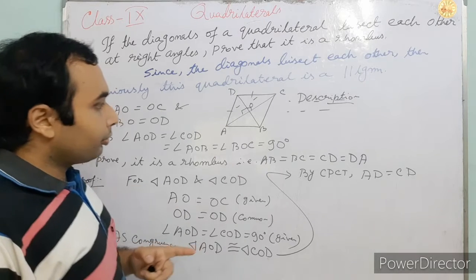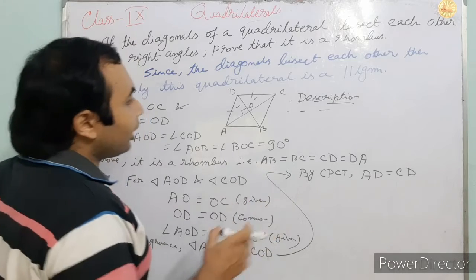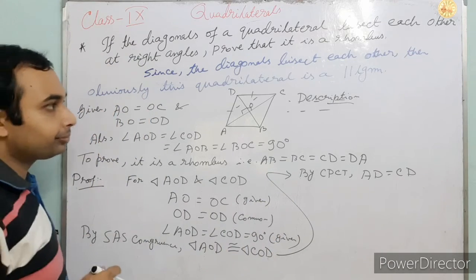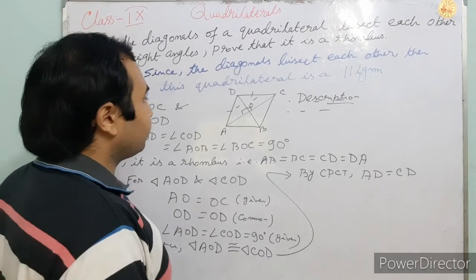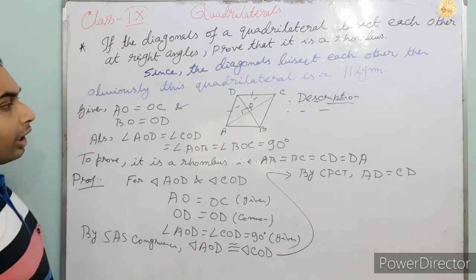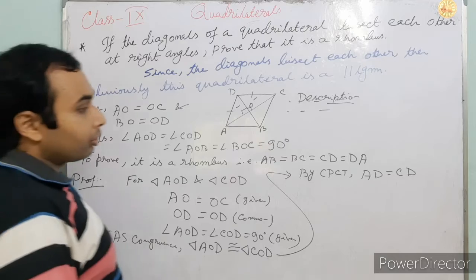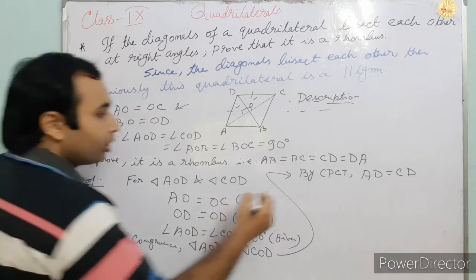Now, by similar property, similarly we can say, okay, directly we will use the property of the parallelogram. Just see, here we have got AD equals CD.